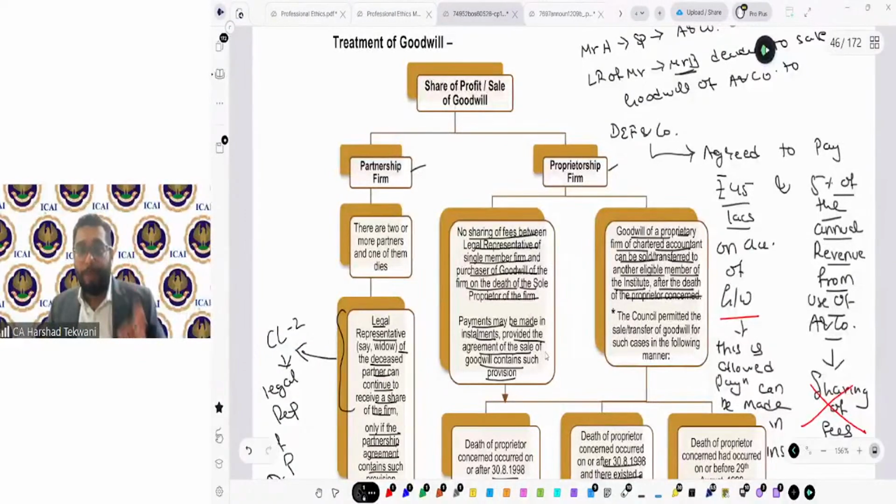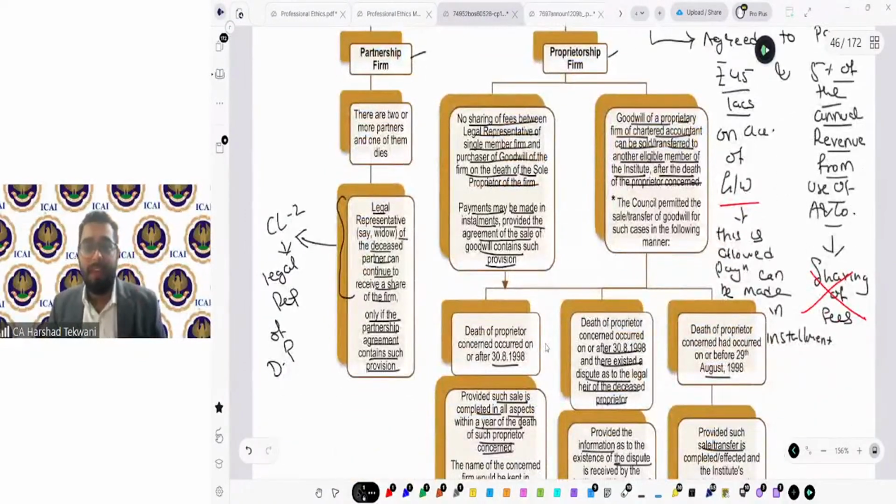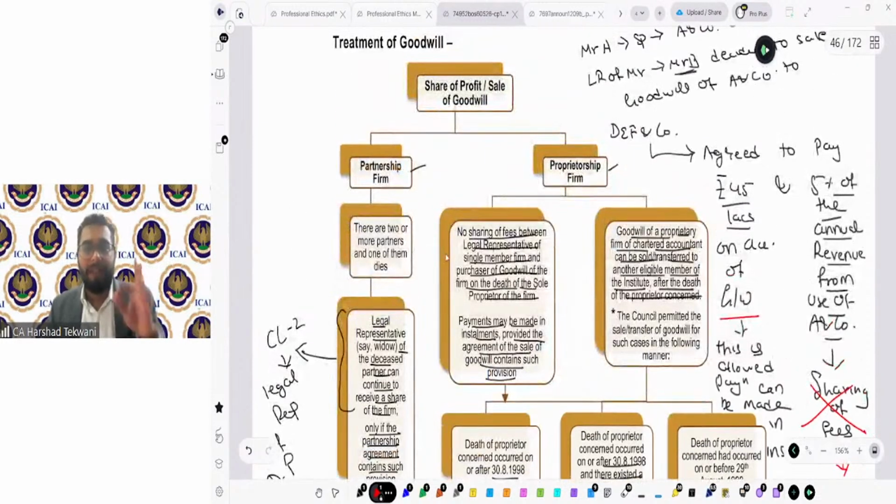However, in case of a proprietorship firm, sharing of fees is not allowed. The same is allowed in case of a partnership firm, but in case of a proprietorship firm, it is not allowed. Okay. Why are we discussing this particular point?